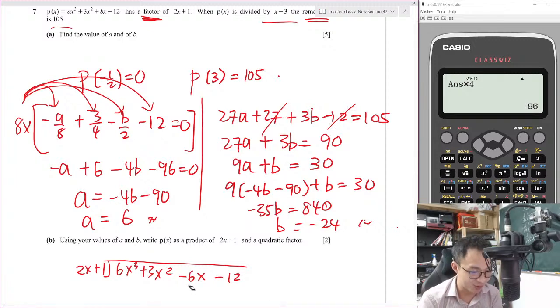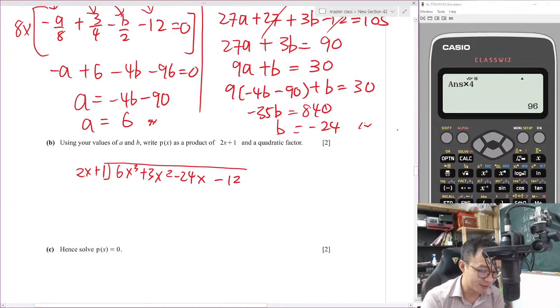It's not 6, right? It should be 24. So the first term is 3x squared because I want to get 6x cubed. Multiply, I get 6x cubed plus 3x squared.